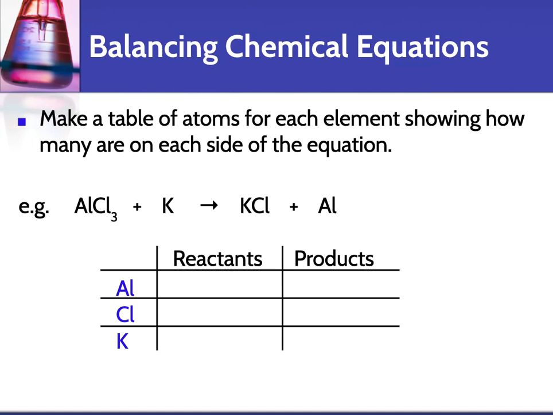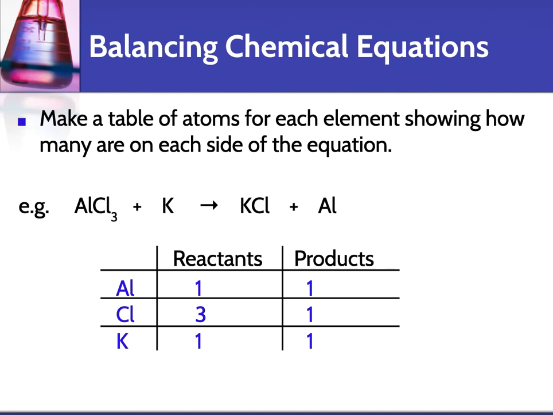Then we count the number of each on the reactant side and then the product side. On the reactant side, we have 1 aluminum, 3 chlorine, and 1 potassium. On the product side, we have 1 aluminum, 1 chlorine, and 1 potassium.